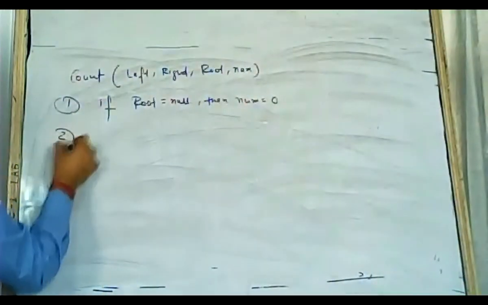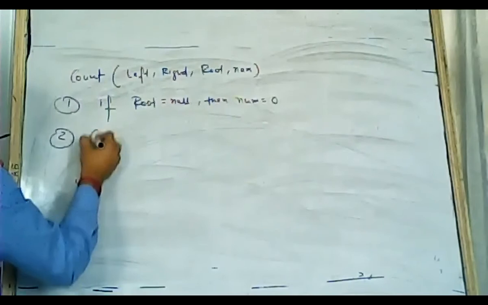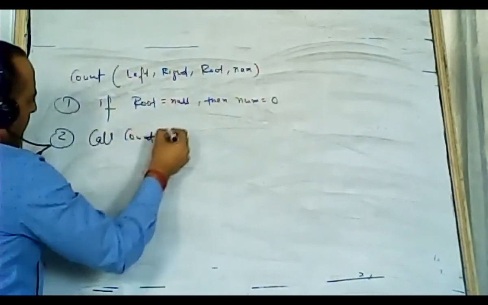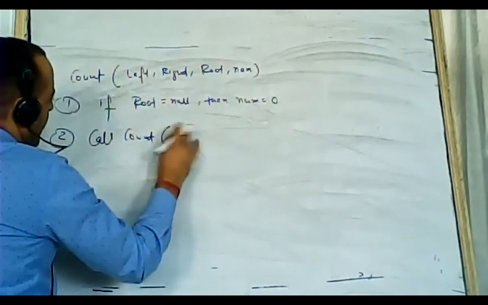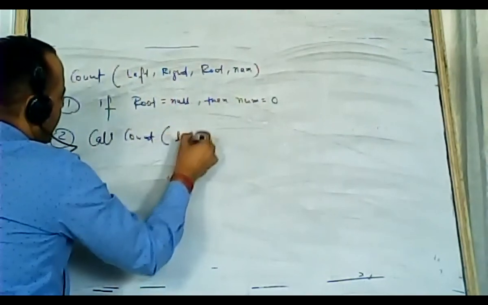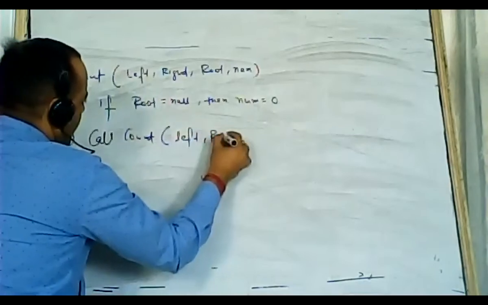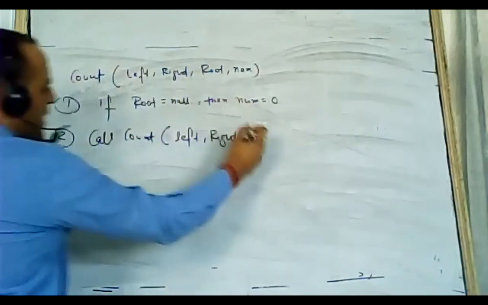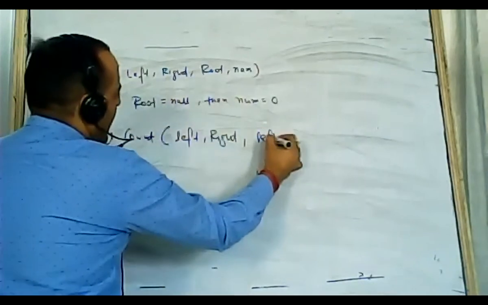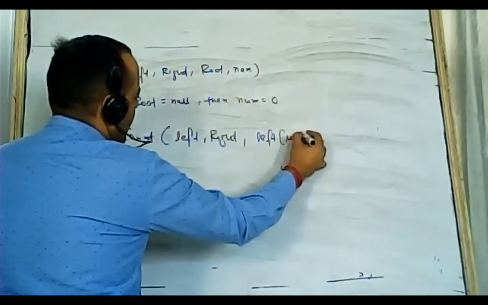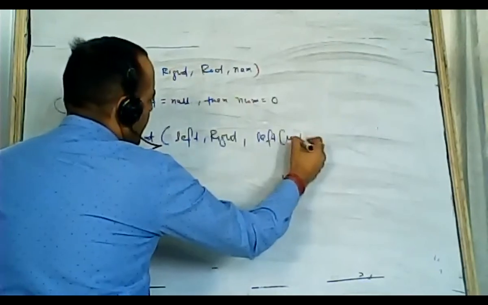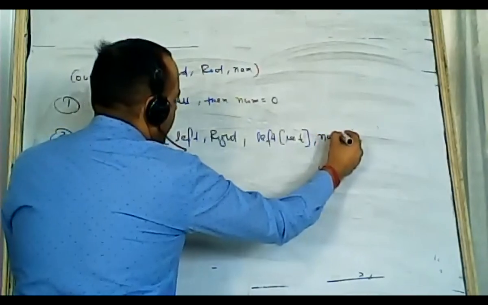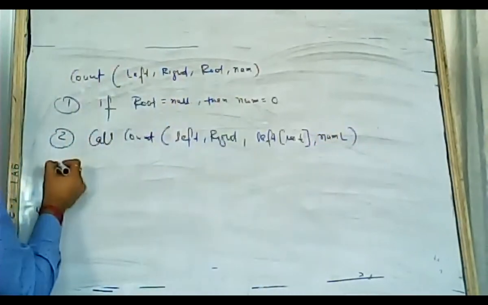Otherwise, this is basically a recursive algorithm. So I will call count again for left and for right. Earlier we were counting the number of nodes for root. Now we will call for left of root, and I will have a value num L, which will count the number of nodes in the left.